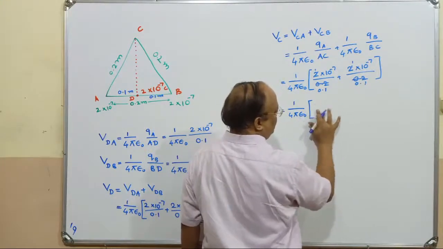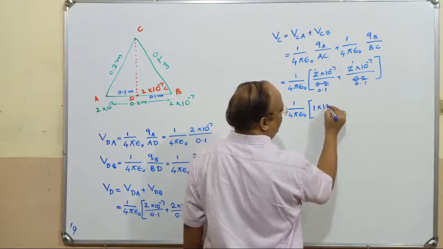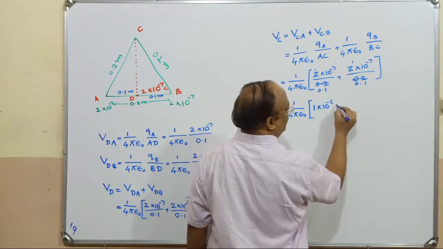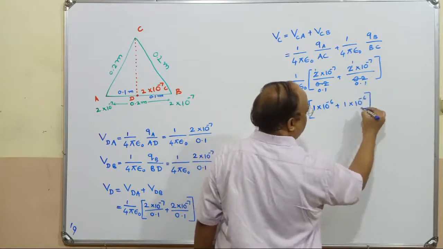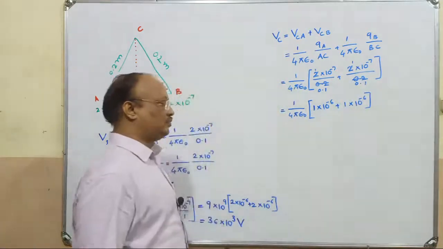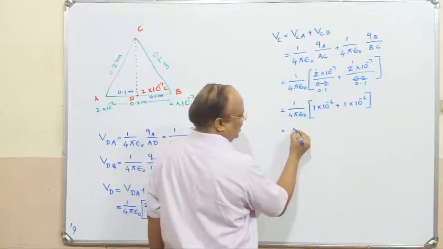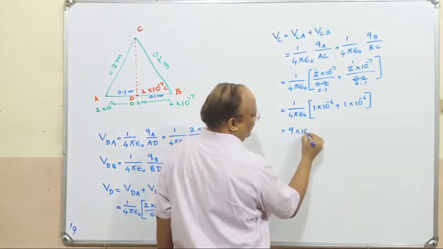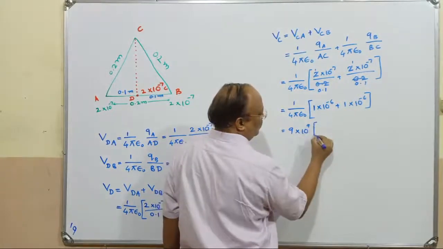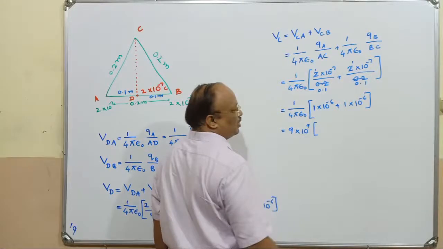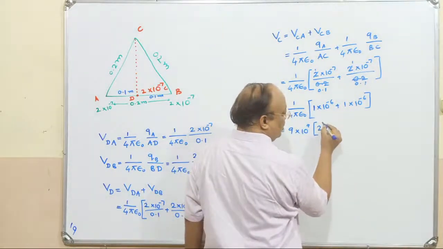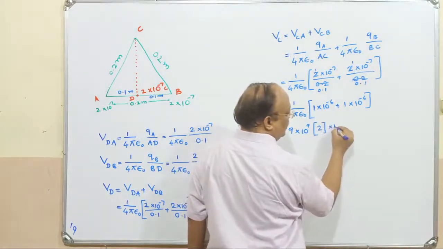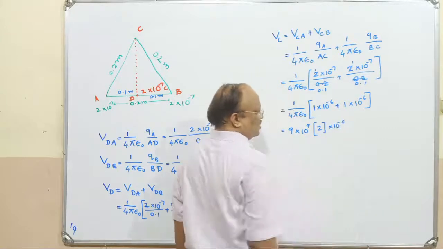If you write it as 1 into 10 to the power of minus 6 plus 1 into 10 to the power of minus 6, so this is 9 into 10 to the power of 9. 10 to the power of minus 6 if we take common, so what it will be here? 2 into 10 to the power of minus 6.